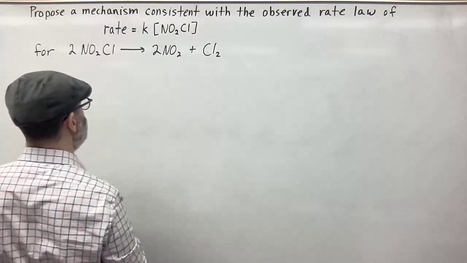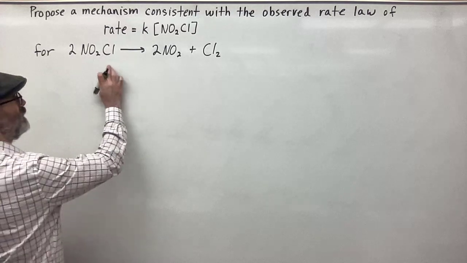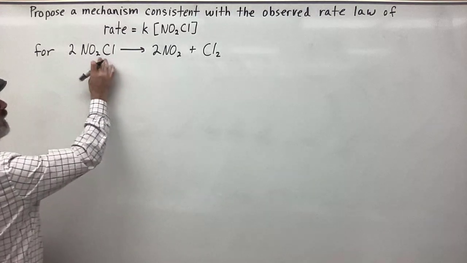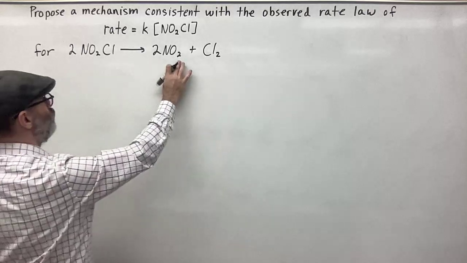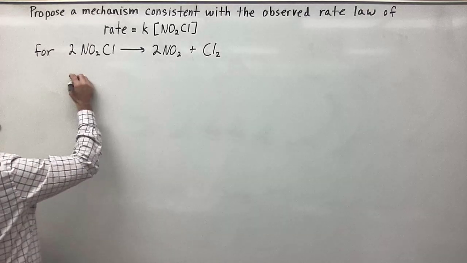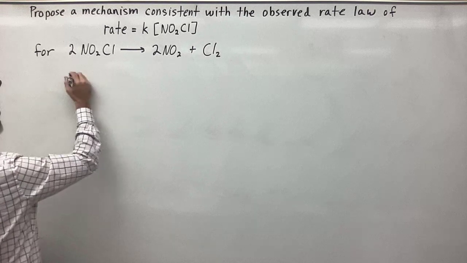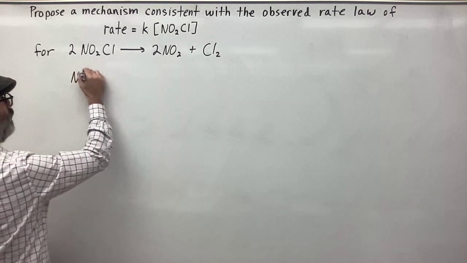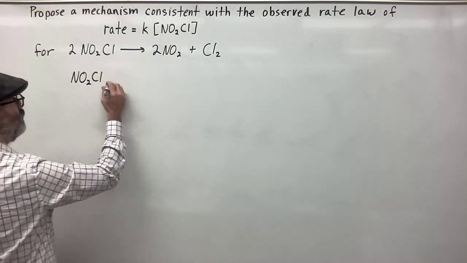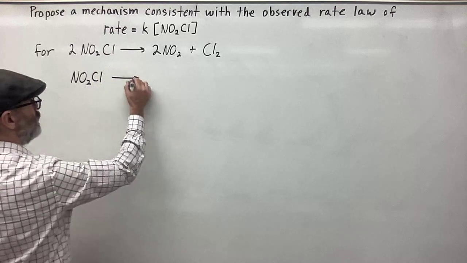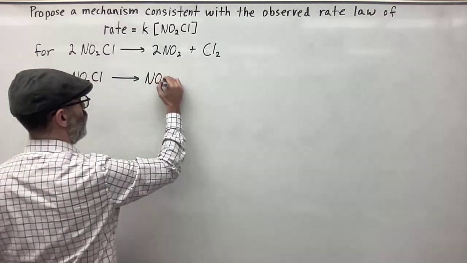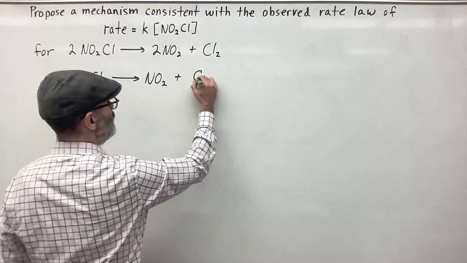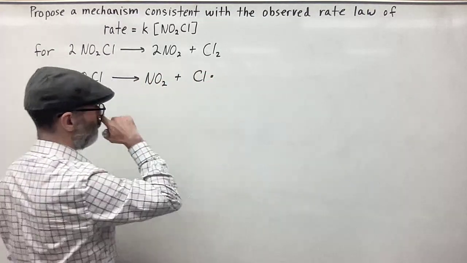So what we can propose here, and you can see here that the Cl kind of breaks off to form Cl2, leaving NO2, and we have two of those. So let's try the first step would be to take one of these NO2Cl and have it decompose into NO2 plus Cl radical, right?